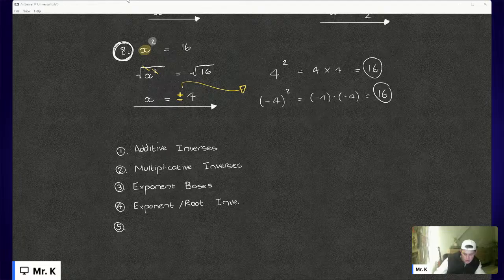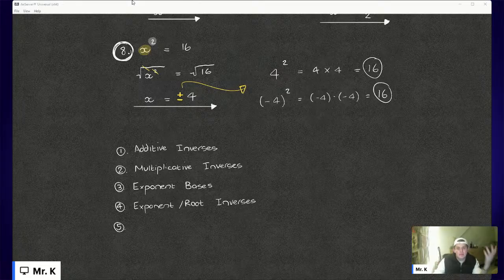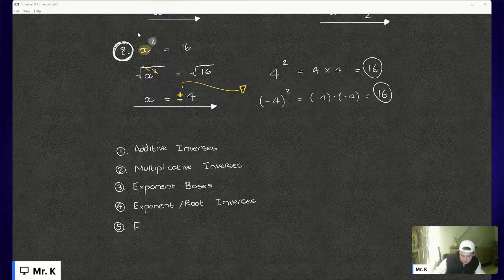To get rid of a square root, to get rid of a square, we use a square root. To get rid of a cube, we use a cube root. If we have something to the power of 4, theoretically we can use a 4th root, right? Not that they're super common, but we can use those to our advantage, and the reciprocal. And finally, something we just missed out on today, our last step is factorizing.